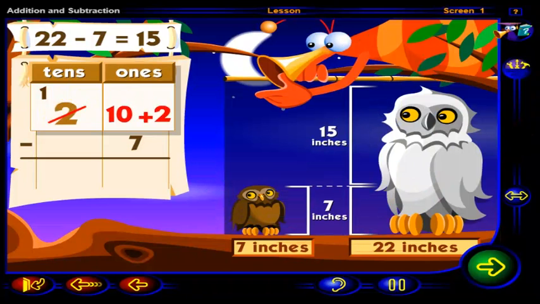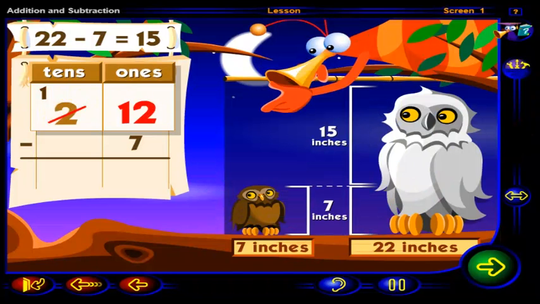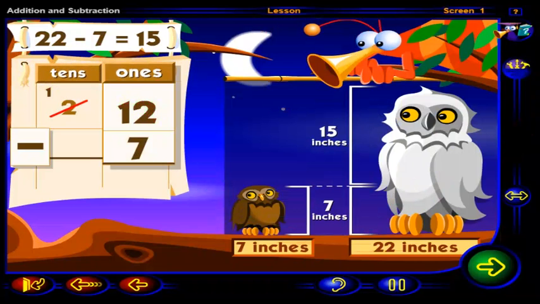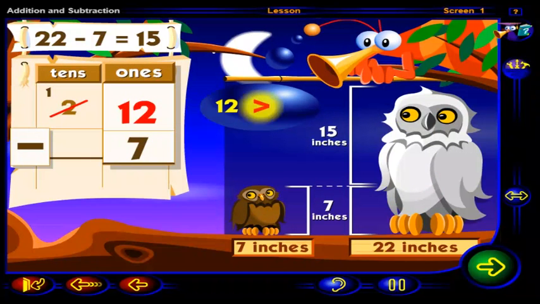Now we have 10 plus 2, or 12, here in the ones place, and 1 10 in the tens place. Since the number we're subtracting from, 12, is greater than 7, we can now subtract in the ones place.